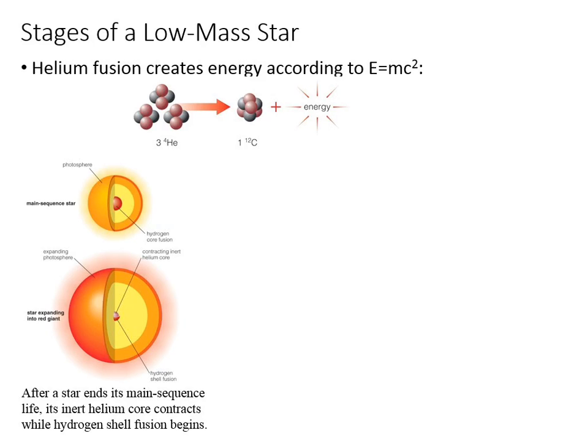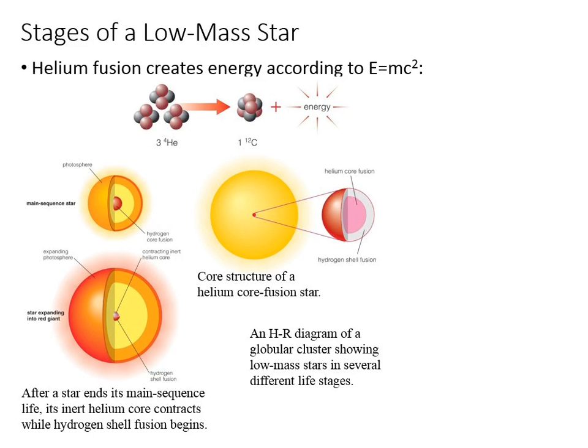Okay. I mentioned shell hydrogen fusion, and that is right here. I know it sounds kind of weird, but basically you have a helium core, because that's what it made when it was a main sequence star.